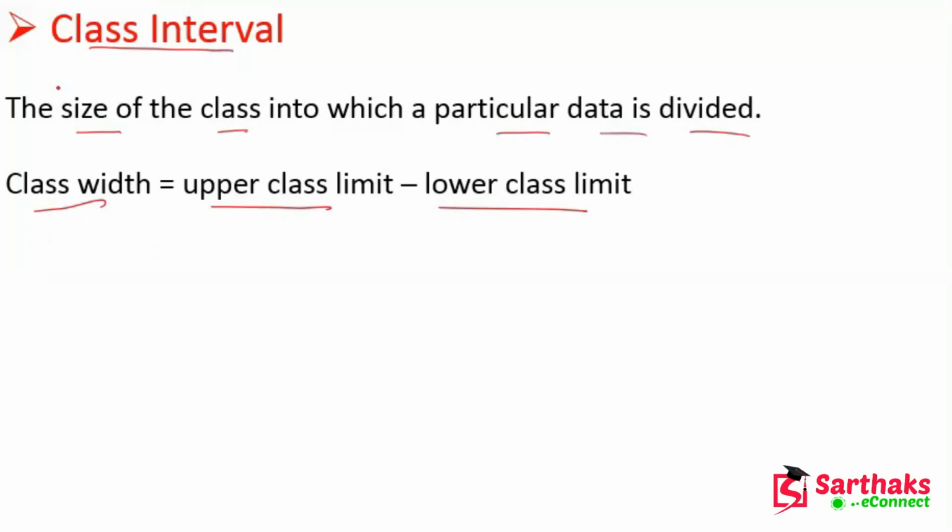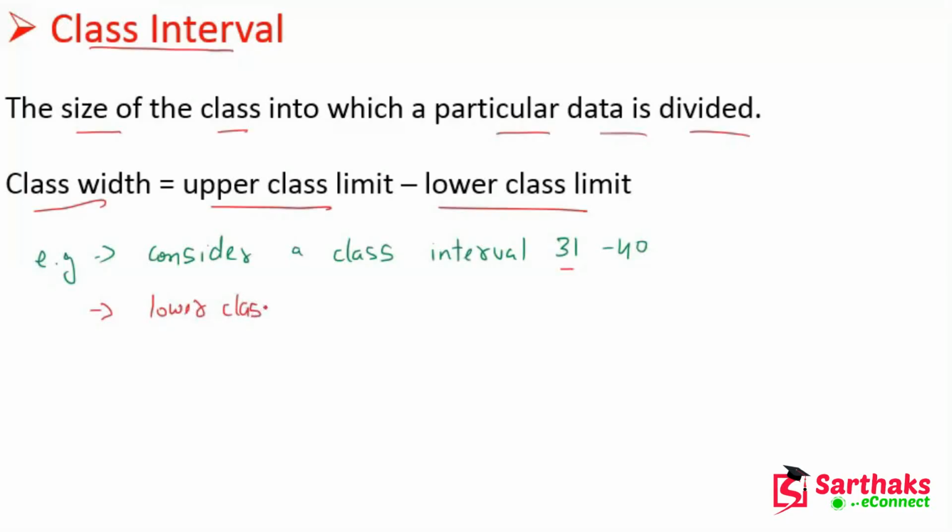Let's suppose, for example, consider a class interval like 31 to 40. Here we can say that the lower class limit is 31, and the upper class limit is 40.